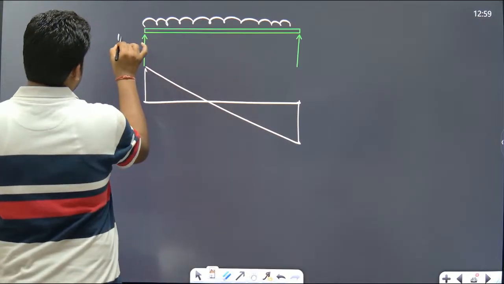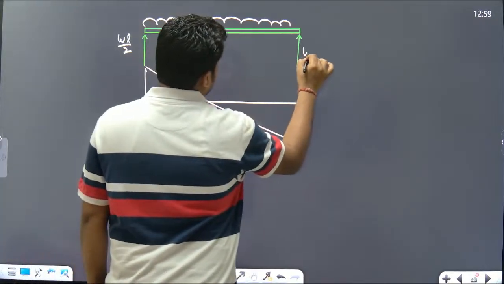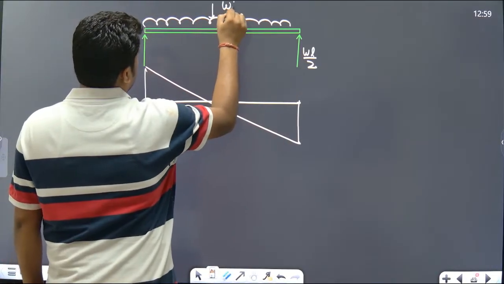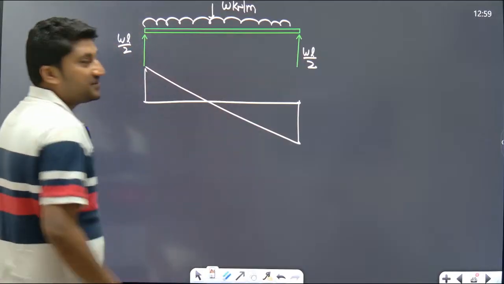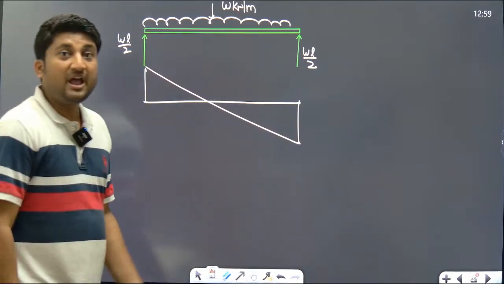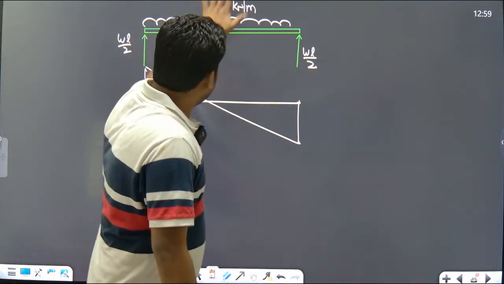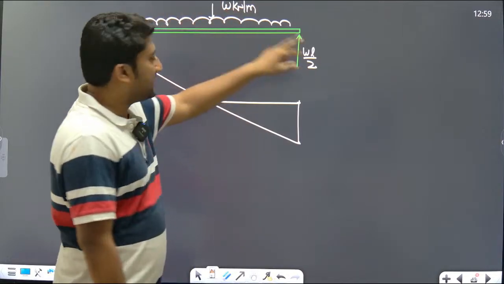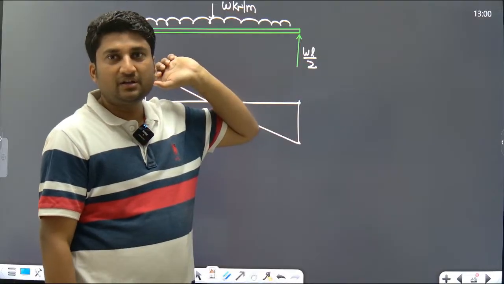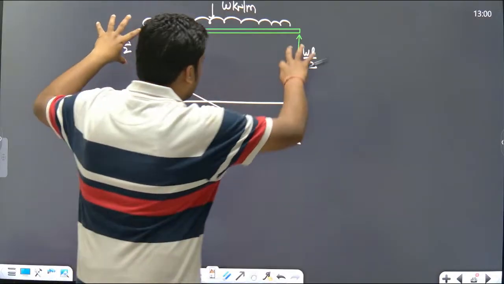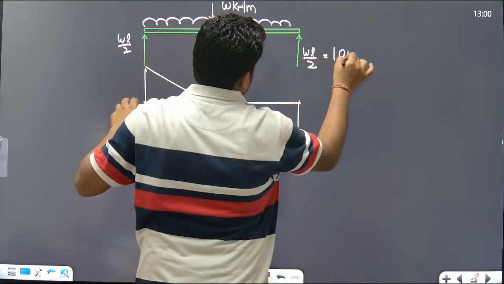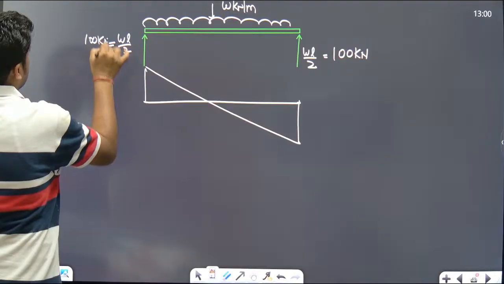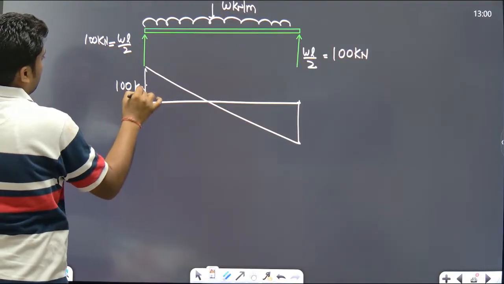So this is WL by 2 and the reaction here is also WL by 2, when the intensity is given as W kilonewton per meter. But here in the question, the total load is given as 200 kilonewton. So half of it, 100 kilonewton here, 100 kilonewton here. So what is the maximum shear force? It is at the support, which is equal to 100 kilonewton.